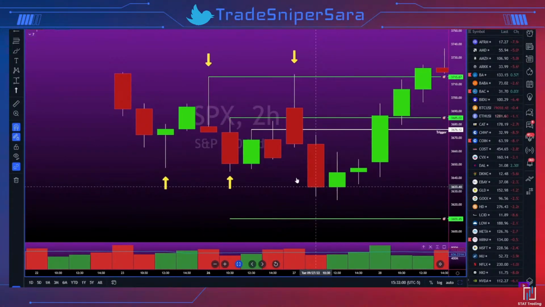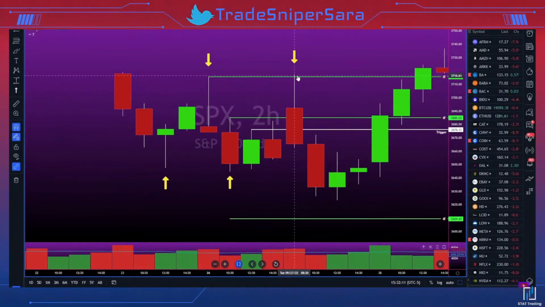So let's look at this for a second. When we get in from here, we know we're targeting this pivot high. And look what happened when price reached up into that. It barely tagged it, and then what did it do? It fell and reversed. So we want to be taking profit right at our levels.